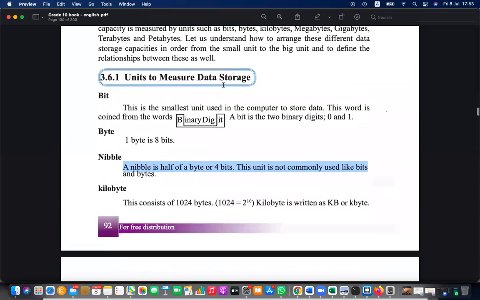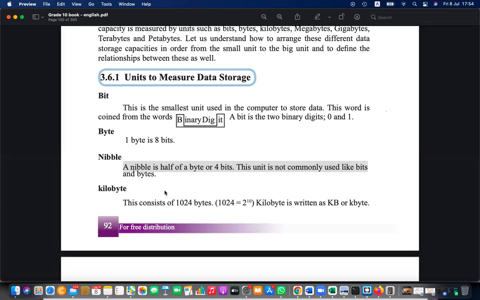So then megabyte, how many kilobytes are there for a megabyte? Yes? You should remember this.